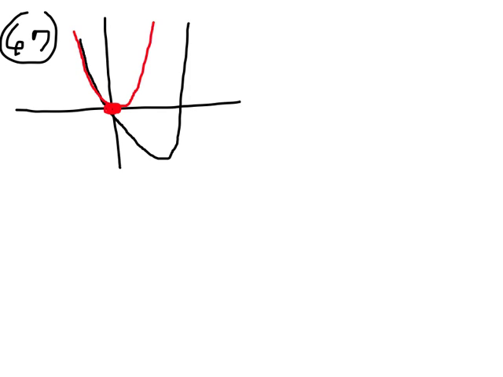Now, we don't have the parent function drawn on the page, so it's hard to know if there's any kind of shrink or stretch. So we're going to assume there's not, and if you look at the equations, none of them have anything out in front of the x, so they're not even asking us about that here. Doesn't it look like this thing got scooted over to the right and then down?